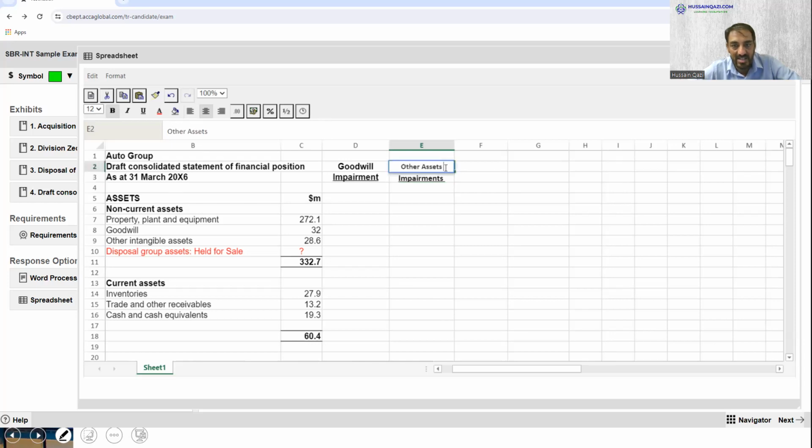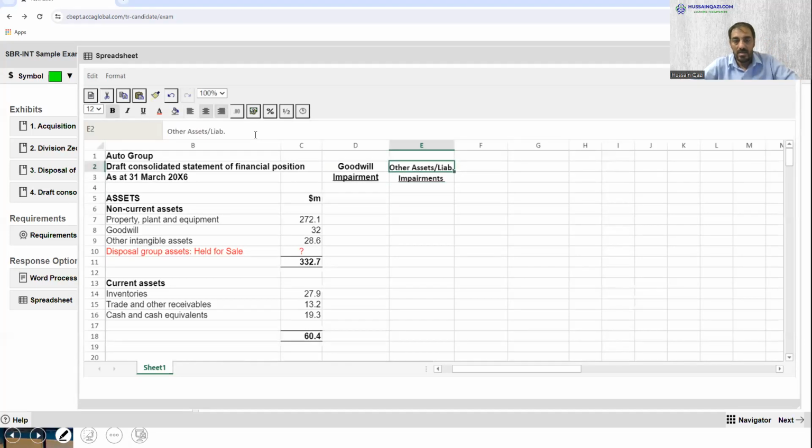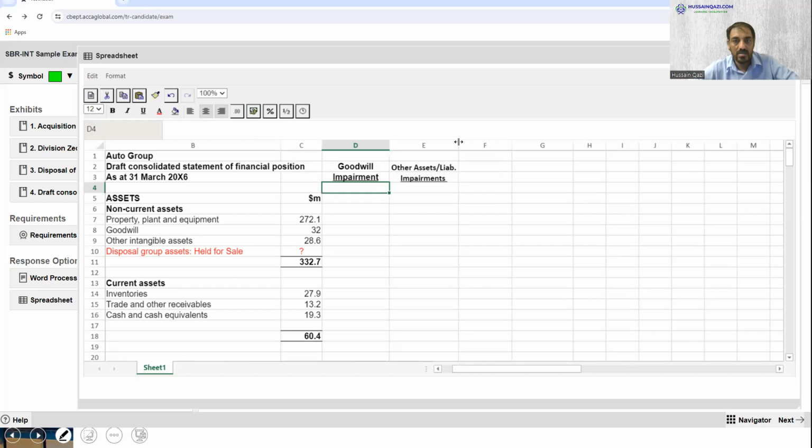In fact, other assets and liabilities. So this is about goodwill impairment and all these things. That is the point. So these are the adjustments. First adjustment, second adjustment, third, fourth, and then the corrected or revised consolidated balance sheet.